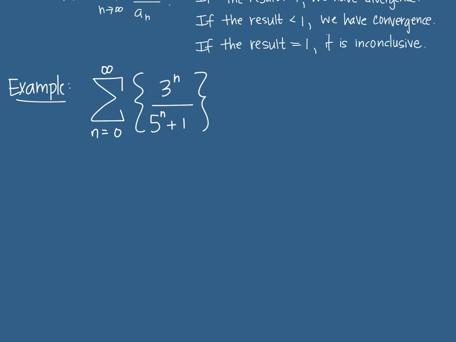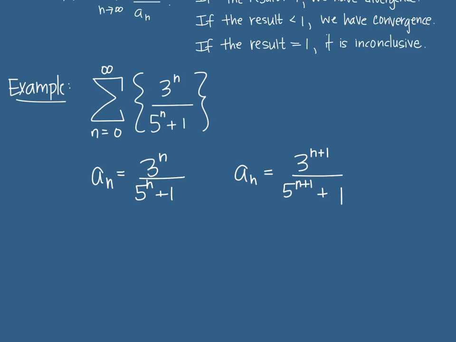Okay, so what are my 2 terms? Well, my a sub n term is simply 3 to the n over 5 to the n plus 1. But what's my a sub n plus 1 term? 3 to the n plus 1 over 5 to the n plus 1, still plus 1. Oh, yeah, plus 1. Okay, got it, thank you.